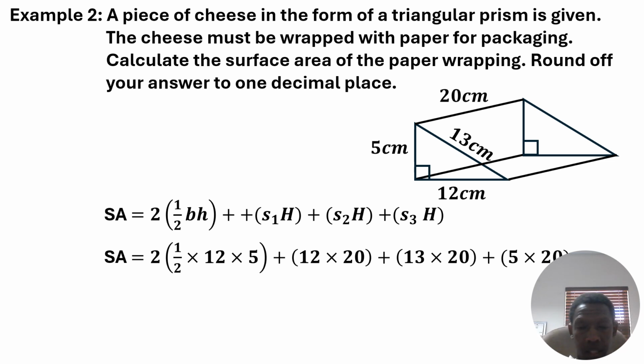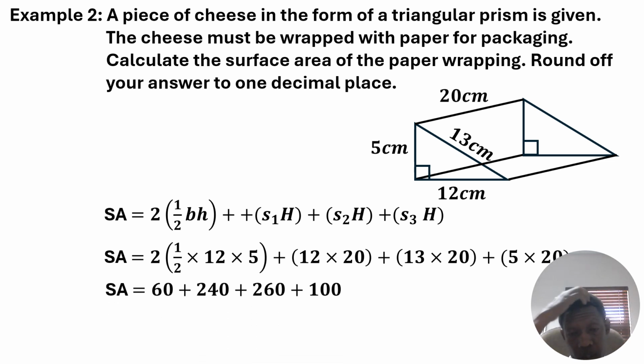As I've indicated, the base of the triangle is 12, the height is 5, side 1 is 12, the height of the prism is 20, side 2 is 13, the height of the prism is 20, side 3 is 5, the height of the prism is 20. And then we have our calculations per part.